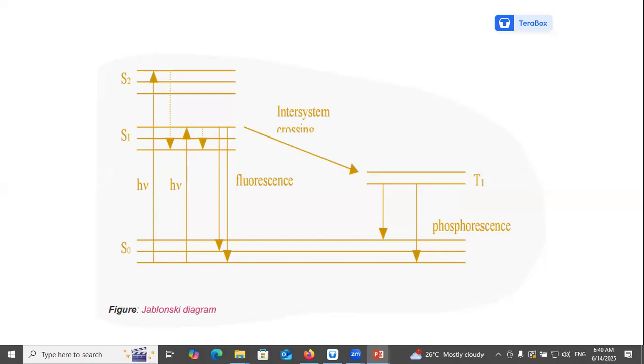Ground state to S1 and come back to ground state, fluorescence. Intersystem crossing, phosphorescence.